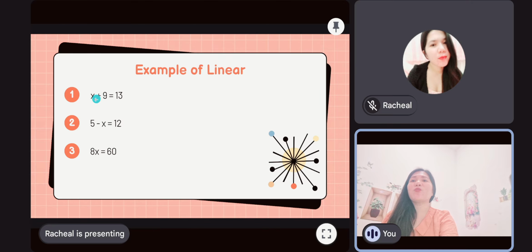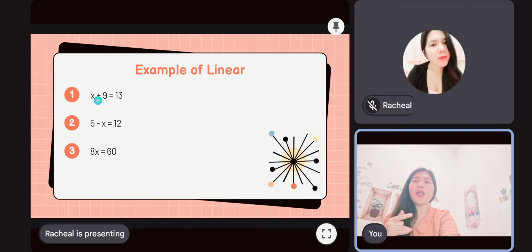So there will be x raised to the power of 1, right? But when we say raised to the power of 2, or we say x squared, then we cannot call that a linear equation. We call it a quadratic equation. Okay?